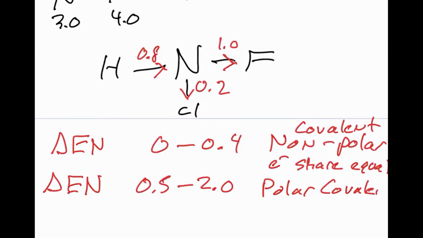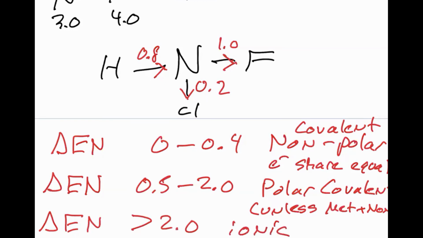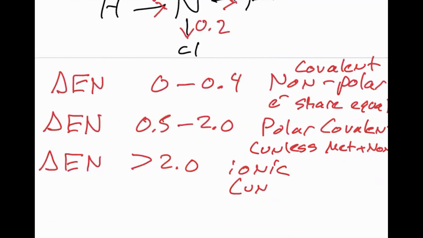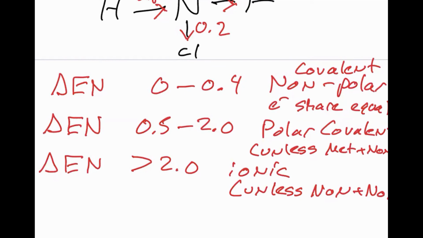Let me put a little caveat here. Unless it's a metal with a nonmetal, then if the delta electronegativity is greater than 2, it's ionic, like sodium and chlorine. Unless it is a nonmetal with a nonmetal. The nonmetal with a nonmetal and the metal with a metal rule kind of trumps this range.